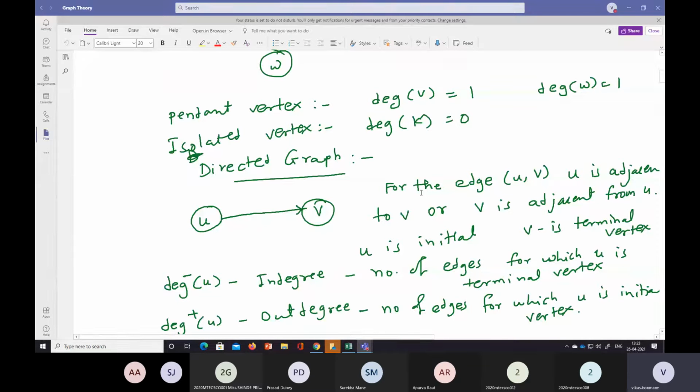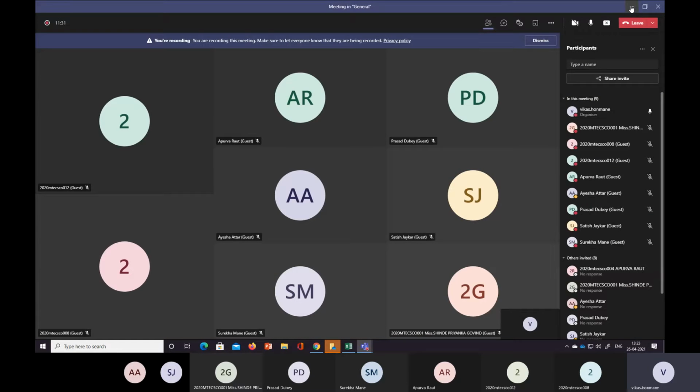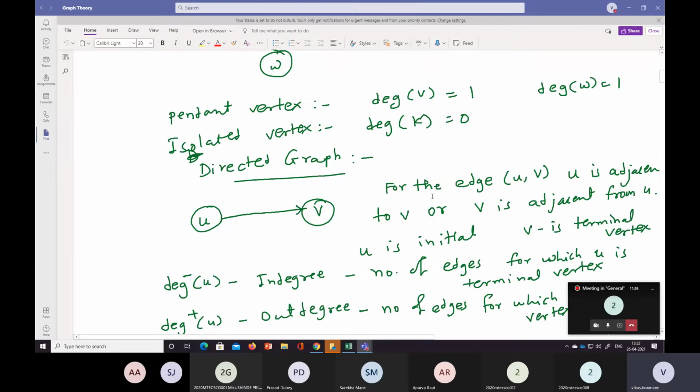For the edge u comma v, we can say u is adjacent to v because the arrow is from u to v, or v is adjacent from u. So that is the terminology that we use in the case of a directed graph.